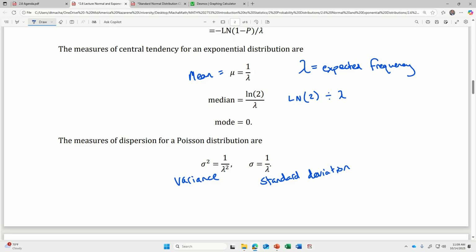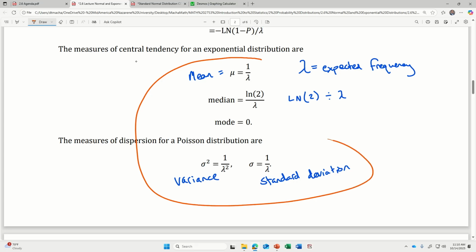It's 1 divided by the expected frequency. And like always, if you have the standard deviation and you want to know the variance, you just take the standard deviation squared to get the variance. So those are things that I would write down on your 8.5 by 11 notes for the test, so I could ask you those questions.